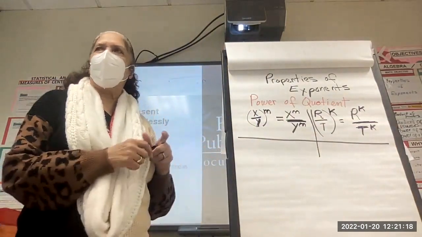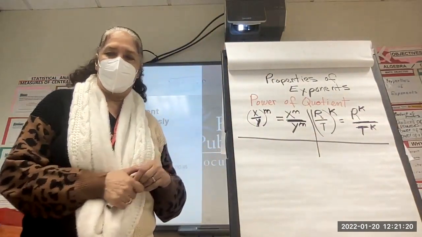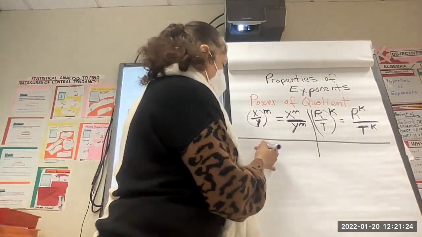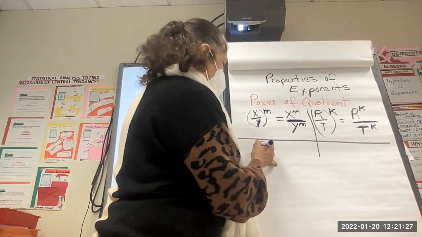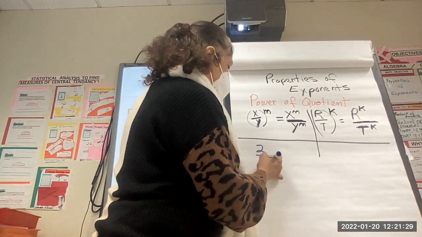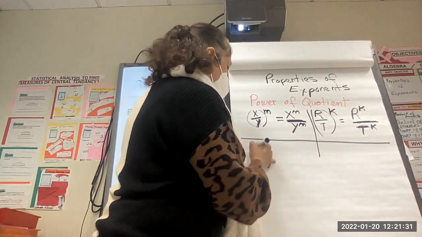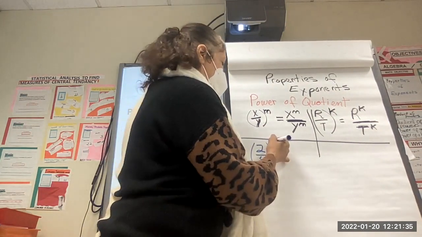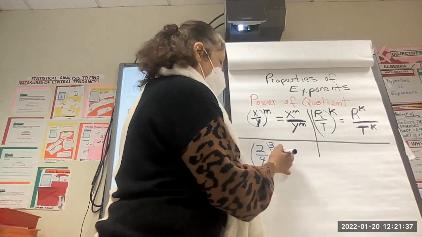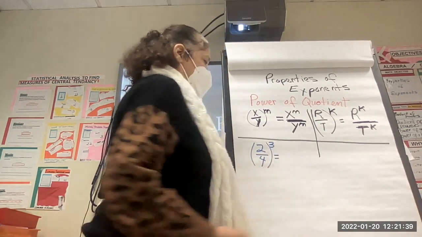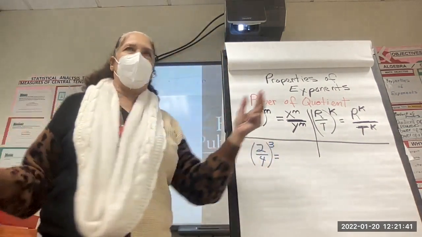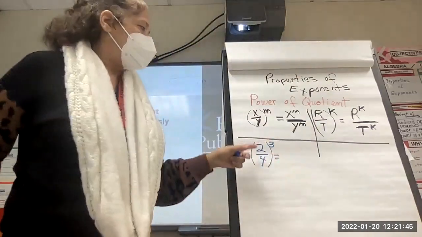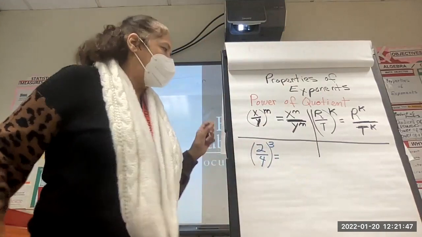Now let's prove this using real numbers. Suppose we had 2 divided by 4, to the power of 3. Okay, so what would happen is the 3 says I go for both of them. I like the number in the numerator and the number in the denominator. They're both under my power.